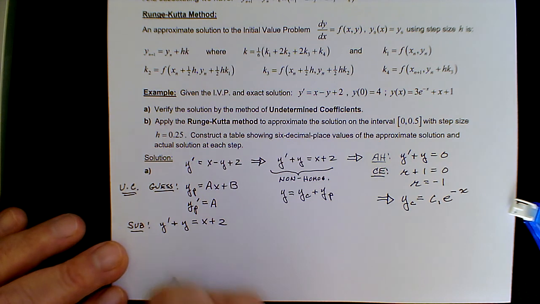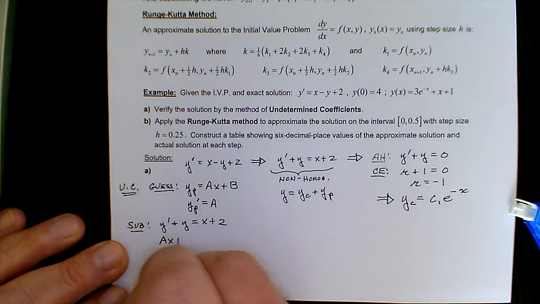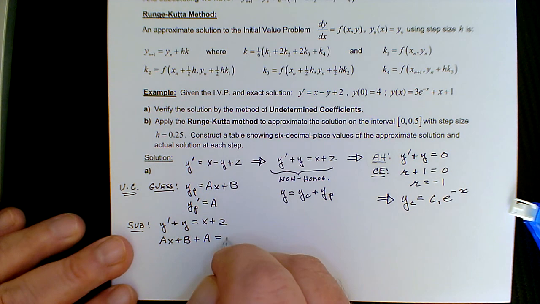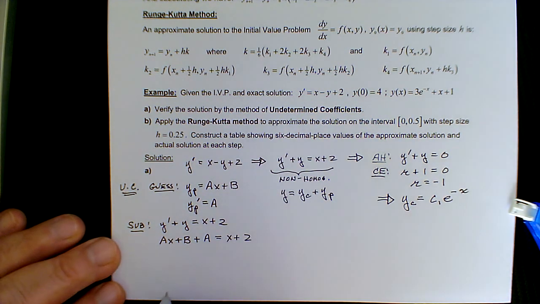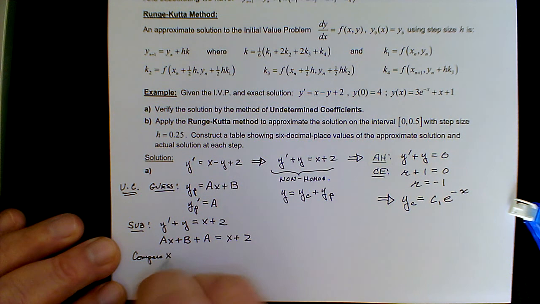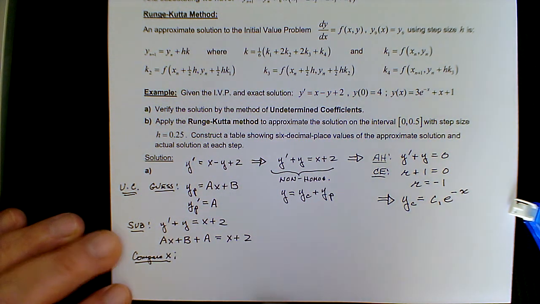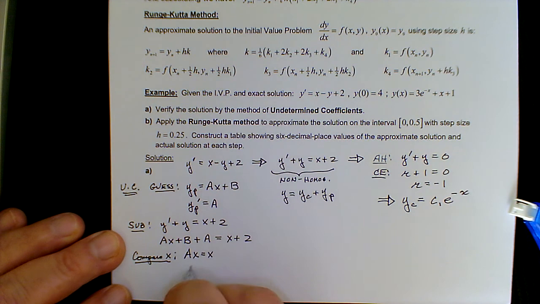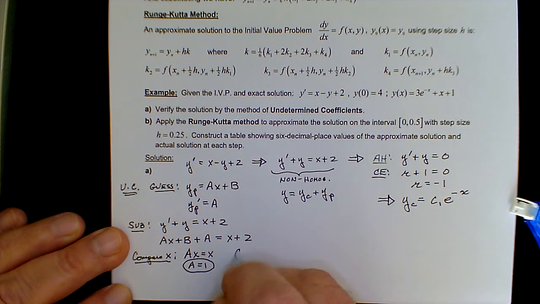And we have y prime, a, plus y, ax plus b, equaling x plus 2. If we compare the x's, we get ax equals x. So dividing out the x's, a is 1.